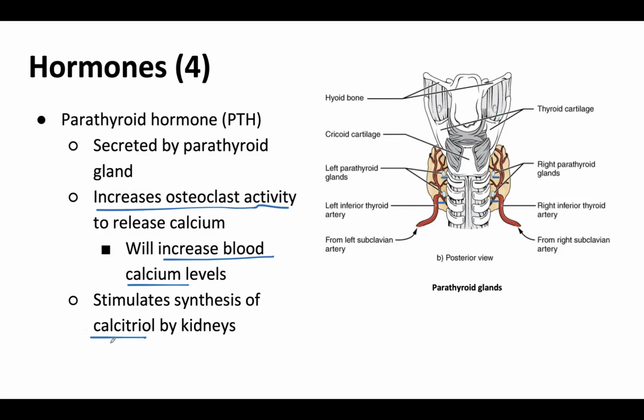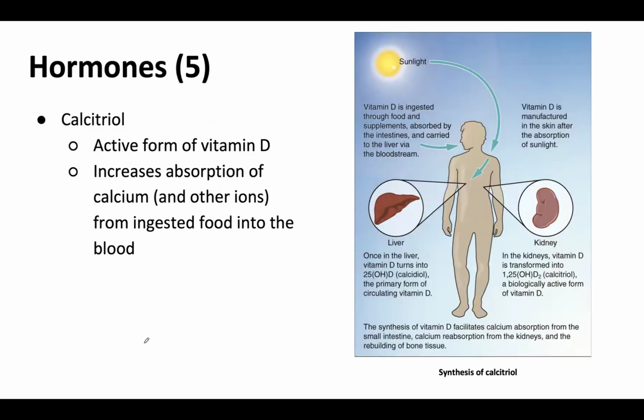So let's talk a little bit more about this calcitriol. And calcitriol, not calcitonin, don't get those terms confused. They're very closely named, but they're going to have different functions and are secreted by different things.